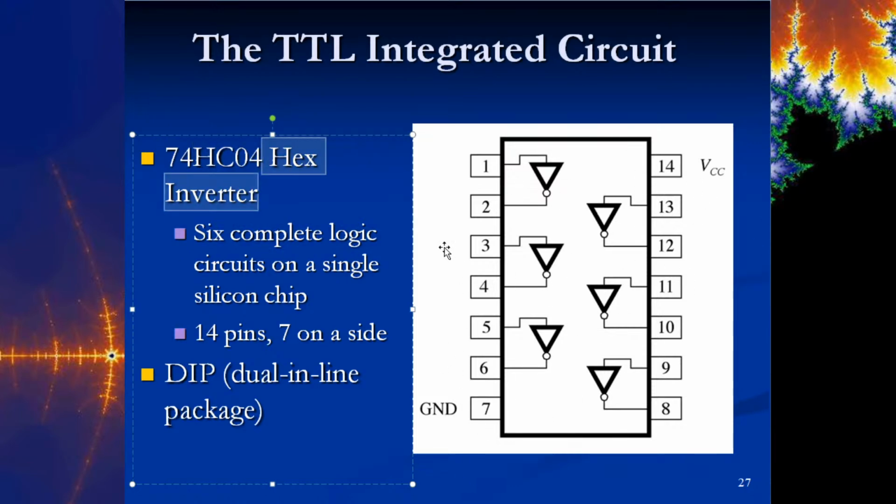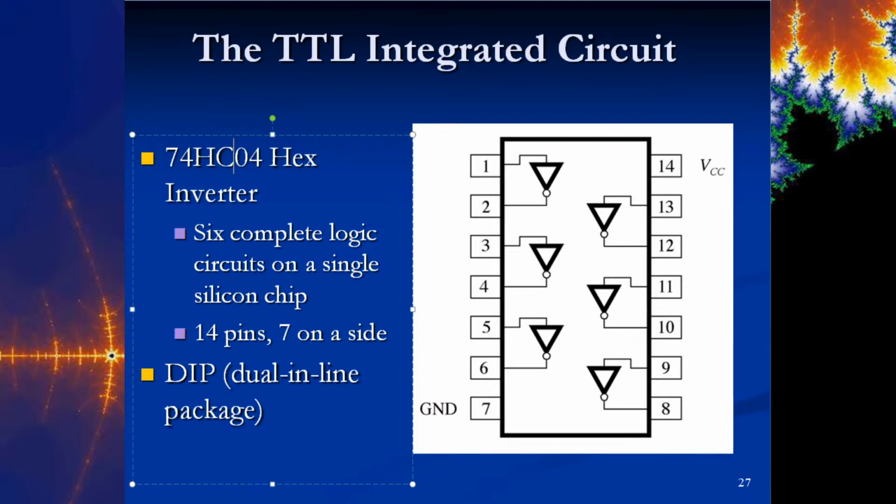Okay, let me say that again. The HC means that it's a CMOS chip, even though it has this 7404, which is a TTL designation. The HC indicates that it's a CMOS chip with a 14-pin direct correlation to the 7404, like in this case. Okay.